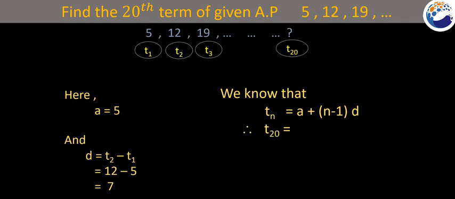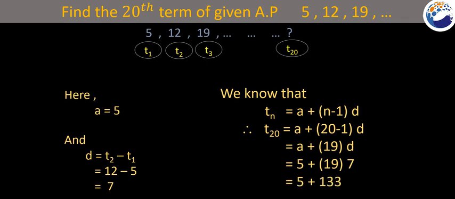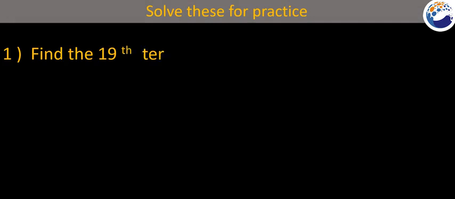Therefore, T20 is equal to a plus (20 minus 1) into d. That is, T20 is equal to a plus 19d. Substituting the values of a and d, we get T20 is equal to 138. Hence, the 20th term of the given AP is 138. Solve these for practice.